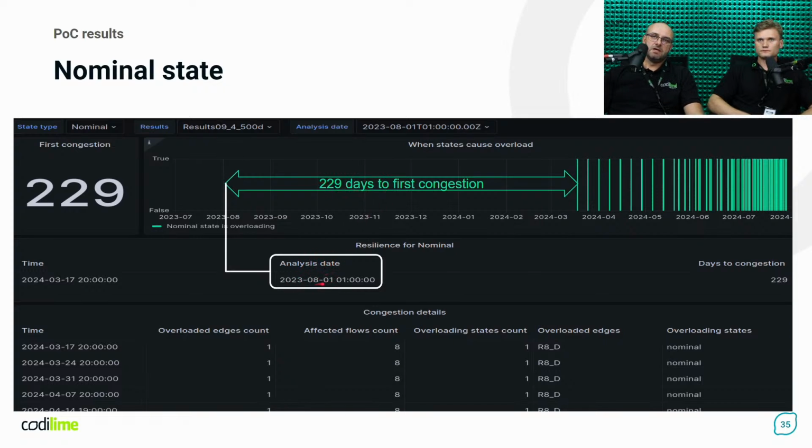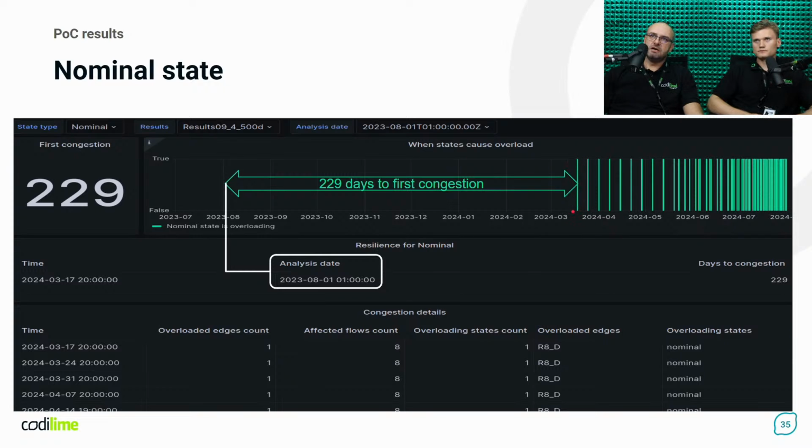So we did the analysis on the 1st of August. Based on the results, we show bars in time. One single bar means that if we see at least one link that is expected to be overloaded in the future, then the value is true.